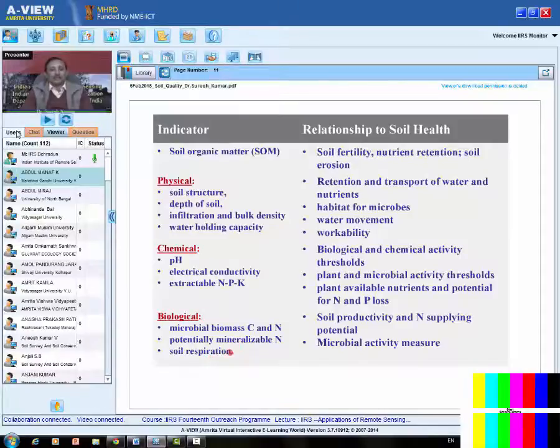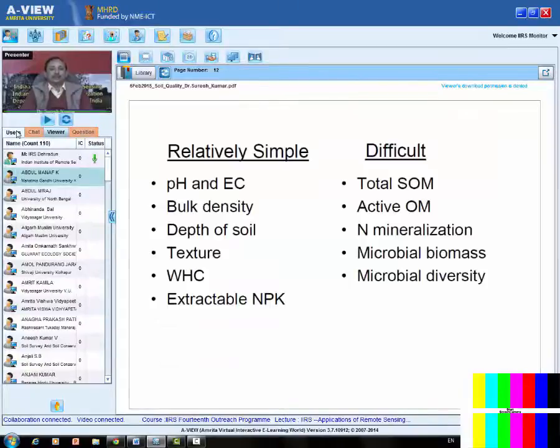So there are various instruments available in the soil laboratory that we use to measure biological properties, chemical properties and physical properties, and then a combination of these properties all together we use to study the soil quality. Then we see which properties are there.